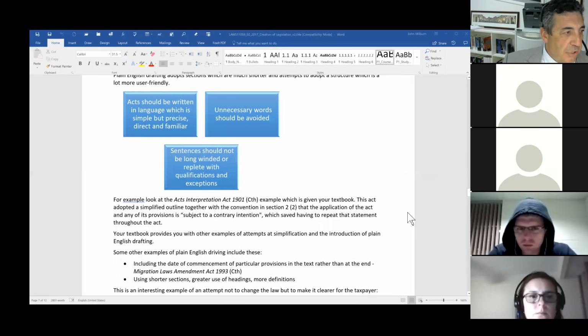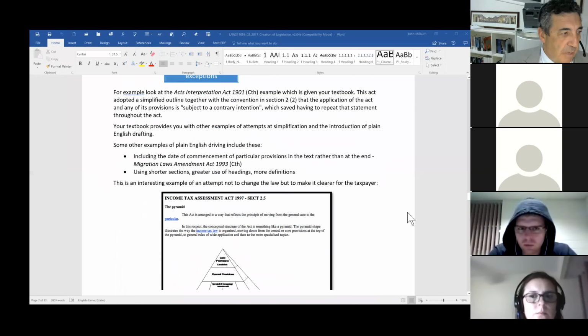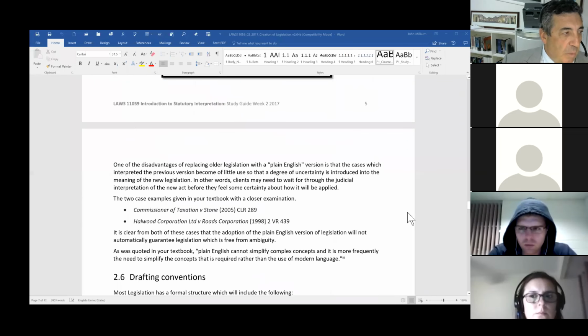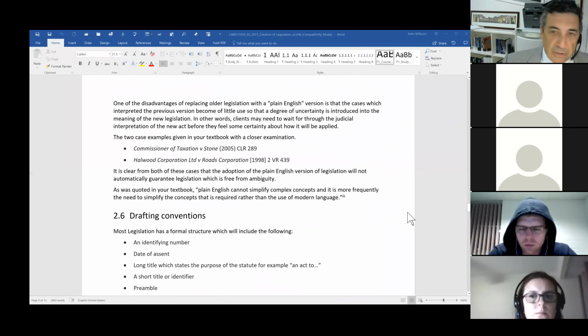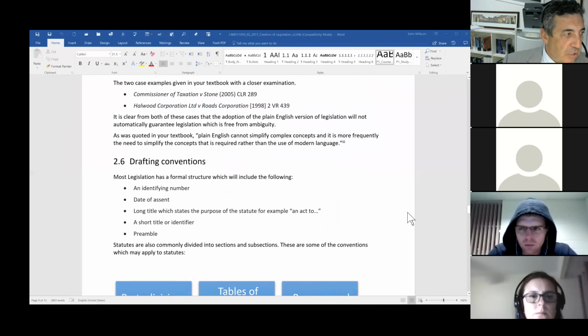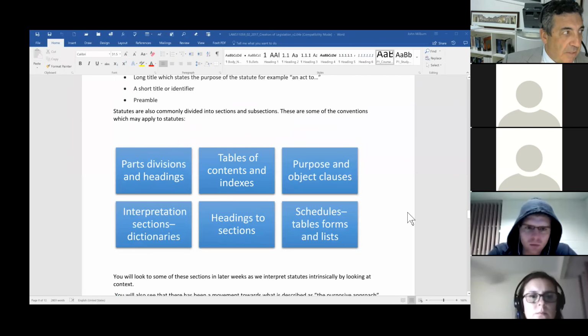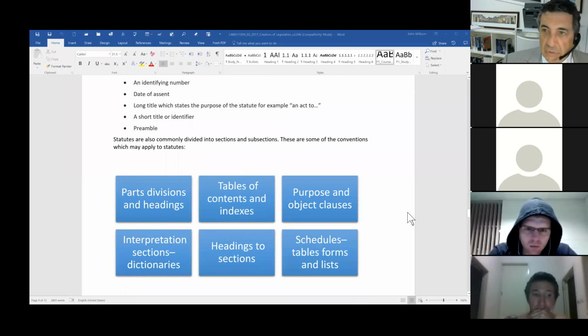Make sure, of course, that you consider the Acts Interpretation Acts, both Commonwealth and state, when dealing with issues to do with the interpretation of statutes. And bear in mind that there are some drafting conventions. So when you read legislation, when you're considering how legislation comes into existence, think about those drafting conventions that apply, and we've summarised those for you in the textbook.